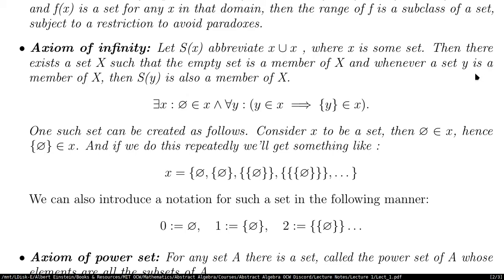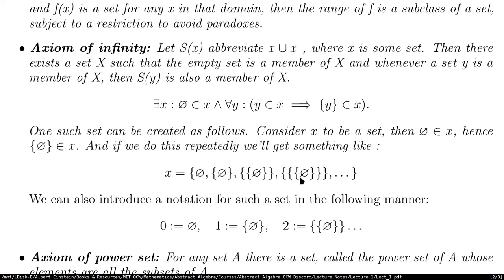So you're essentially making chains of the same sets. There exists a set capital X such that the empty set is a member of X, and whenever a set y is a member of X, then S of y is also a member of X, right?